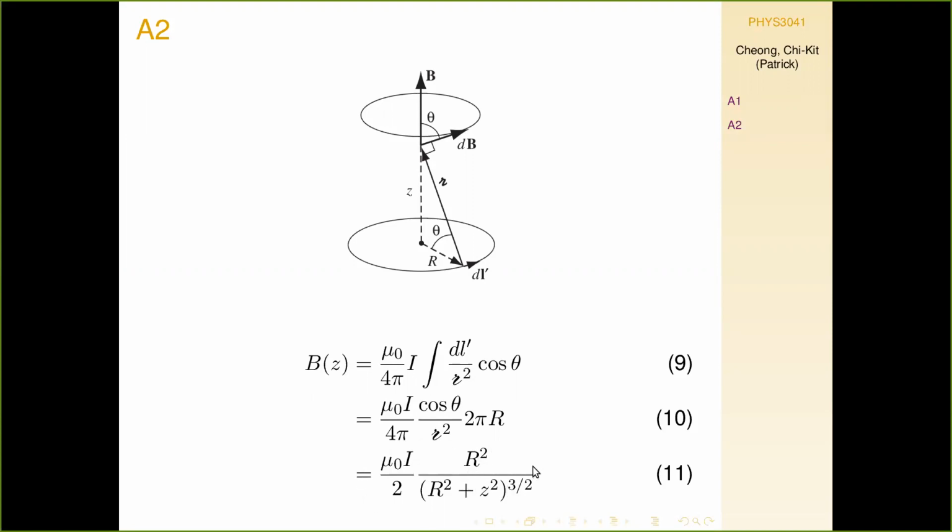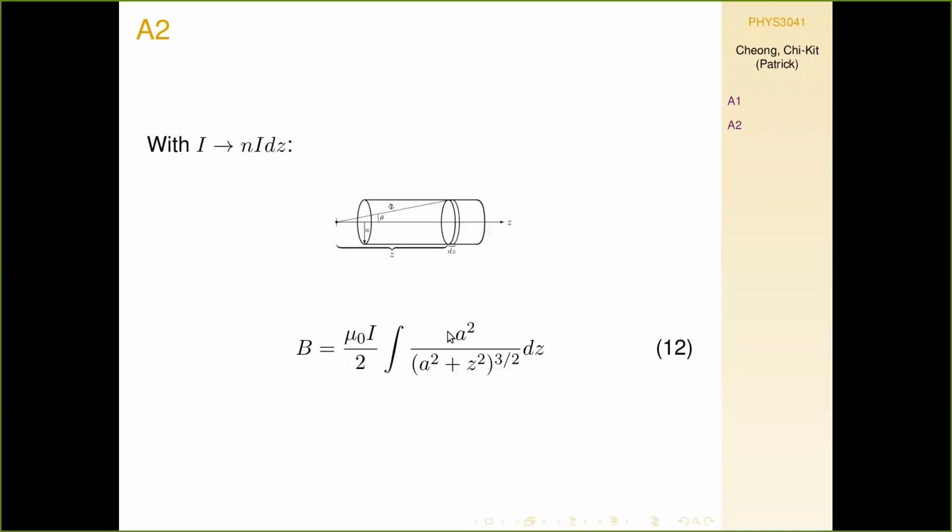So why do we need to obtain this result first? This is because for this question, you may consider it as a combination of a lot of this kind of circular loop. However, for each circular loop, you may consider its steady current now becomes n I dz.